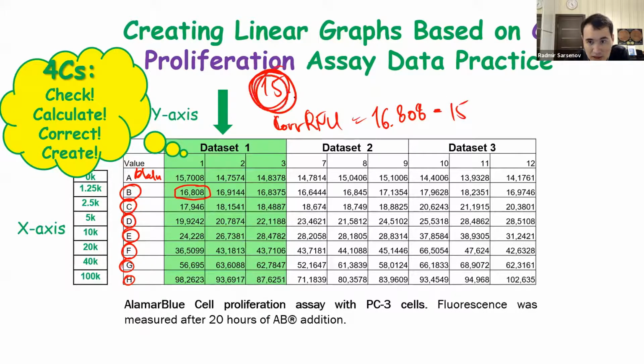This is your blank, okay? And instead of 16,808, you write 1,808. Here you write 1989144. And from these, now you're finding your mean, and you put it in the table.